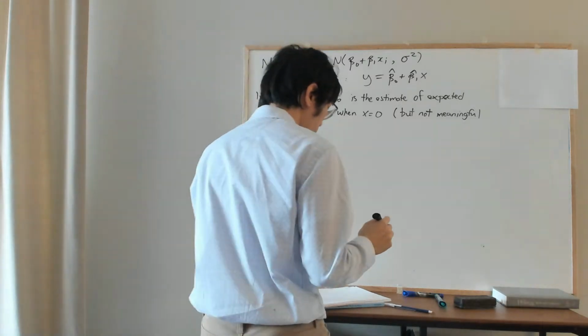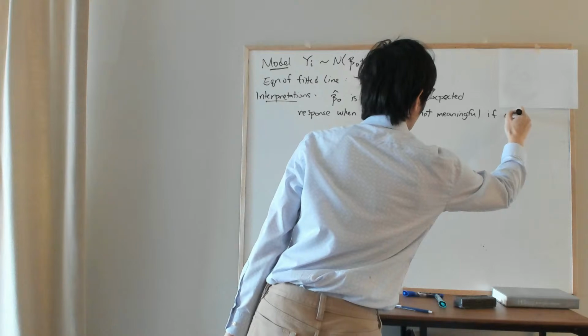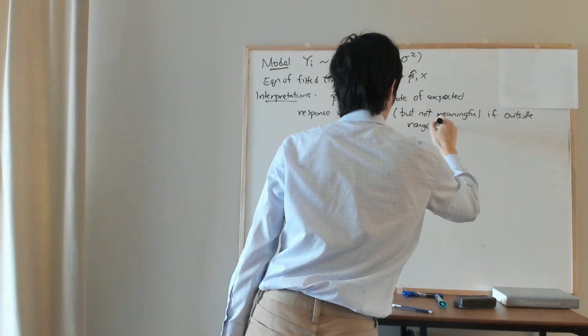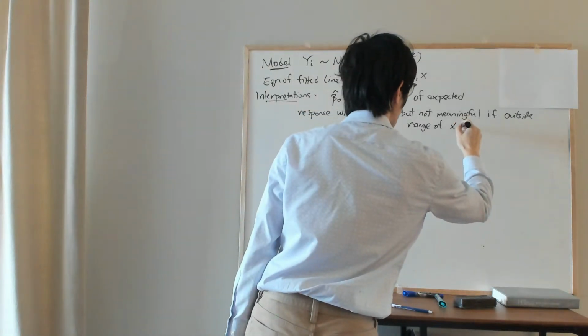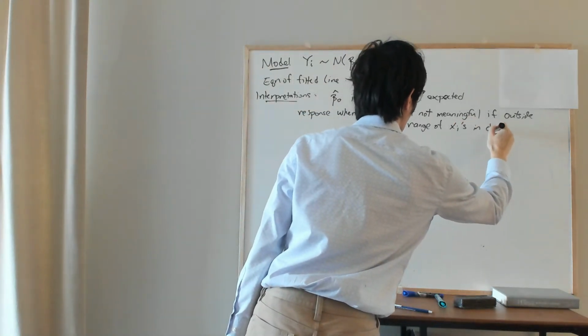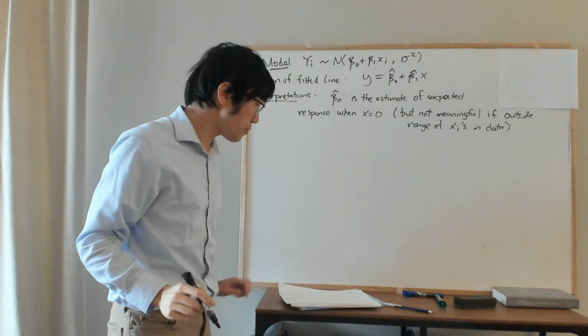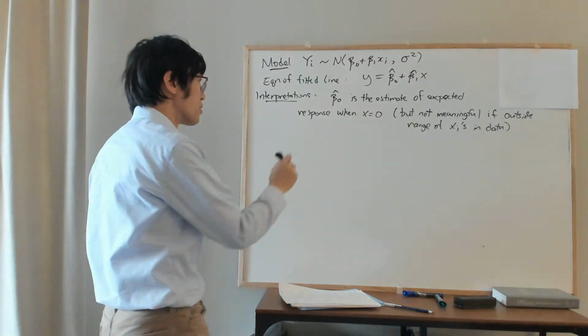So the interpretation is not necessarily meaningful if outside the range of the x's in your data. Okay, so that's beta 0.